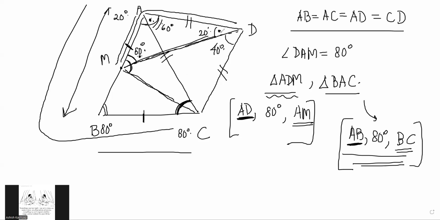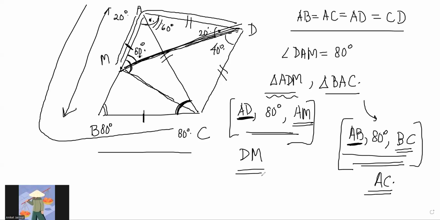Because the triangles are congruent, this third side is equal to the other side AC, right? Same congruency is not just giving us angles, it's giving us the third side also. Third side is DM here and third side is AC here, right? So this third side DM is equal to AC now. So if this angle is 40, this angle must be 70, 70 isosceles now, right? So 70 here and 80 here, 150 is the total angle.